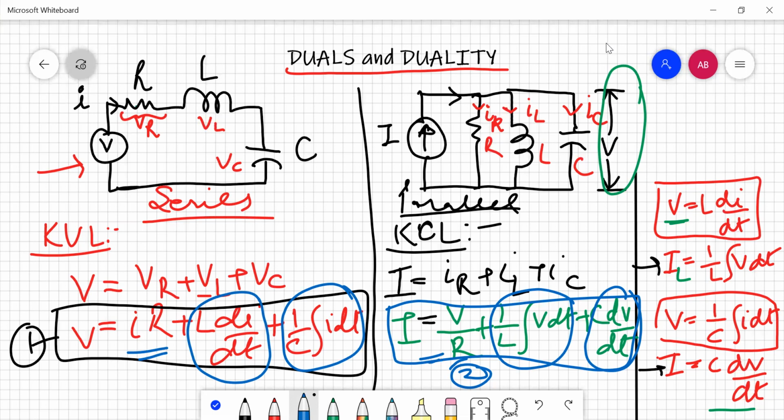Such types of equations give rise to circuits that are duals of one another. So what does that mean? It means that this circuit is the dual of this circuit, and we can easily make one circuit from the other by writing down an analogy table from equation number 1 and equation number 2. So let's write down our analogy table.